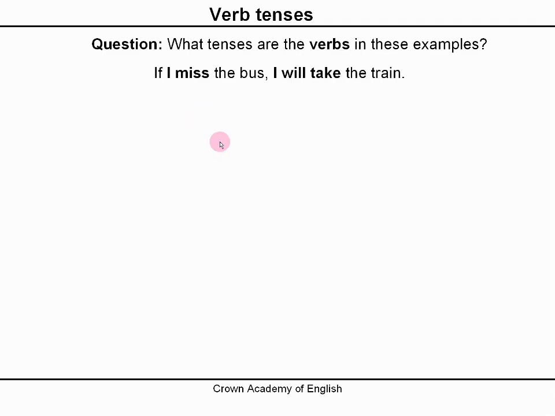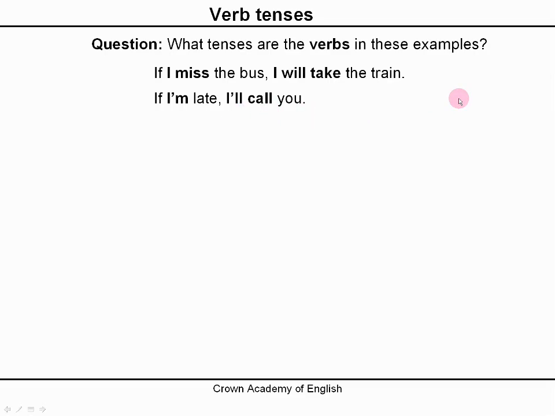If I miss the bus, I will take the train. So I'm asking you, what is this tense and what is this tense? If I'm late, I'll call you. So what is this tense? This is the contracted form of I am. And what is this tense? I'll call you. This is the contracted form of I will call.